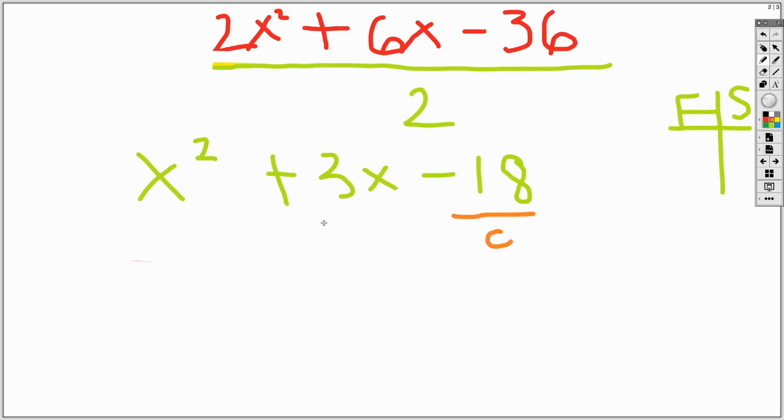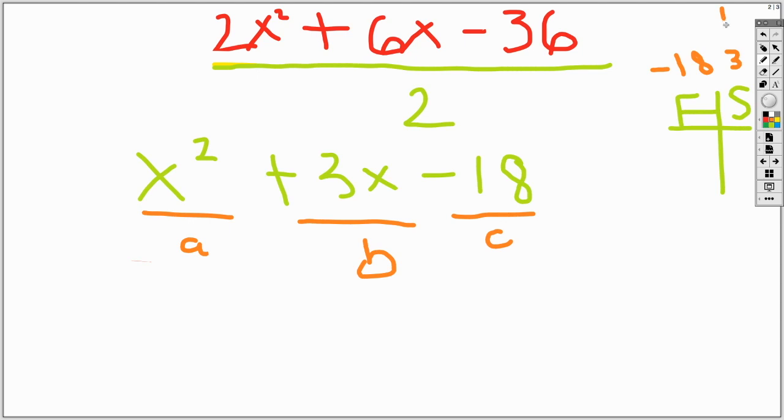Minus 18 is our C, 3x is our B, and x squared is A. Minus 18 times 1, that imaginary 1, is minus 18, so that's what we're factoring, and B is 3.